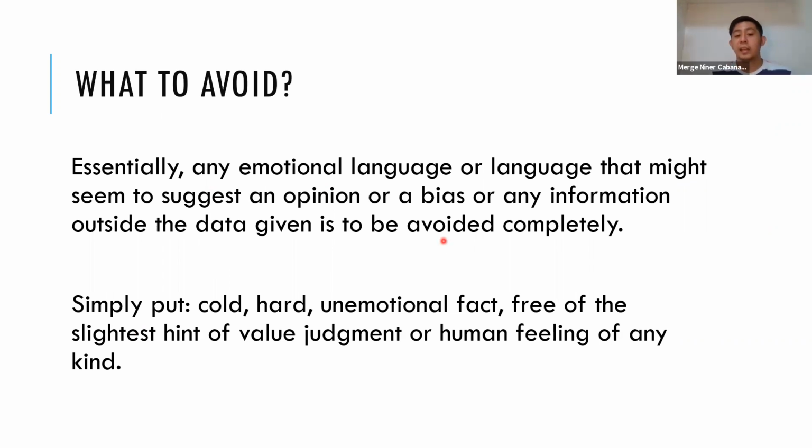Okay, again, any emotional language. So simply put, your task must be cold. It should be statistically hard. It should be unemotional and complete of facts. It should also be free of the slightest hint of value judgment or human feeling of any kind.